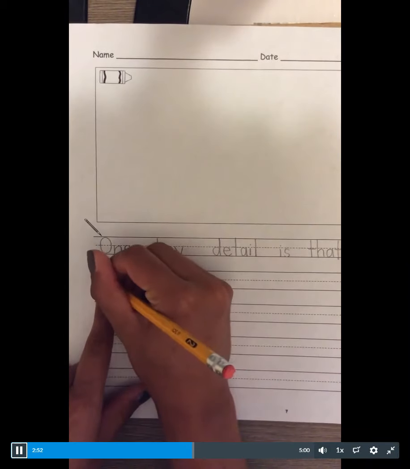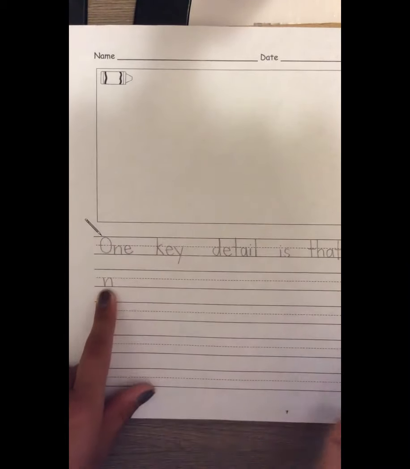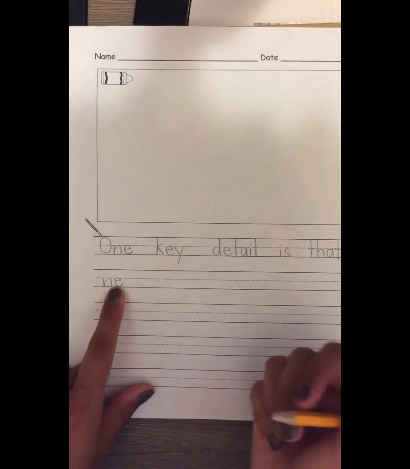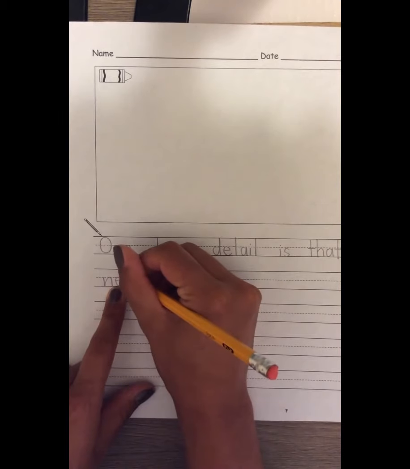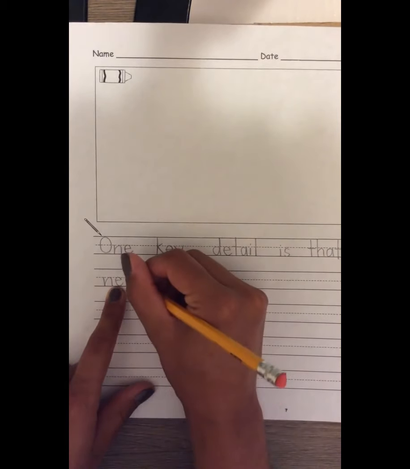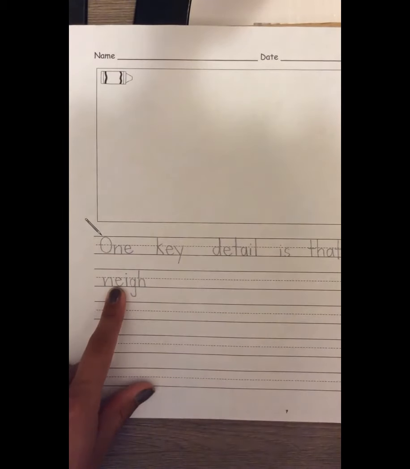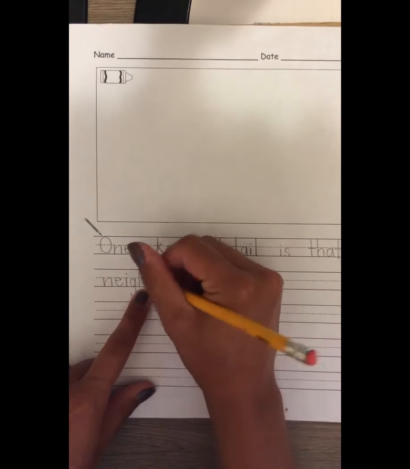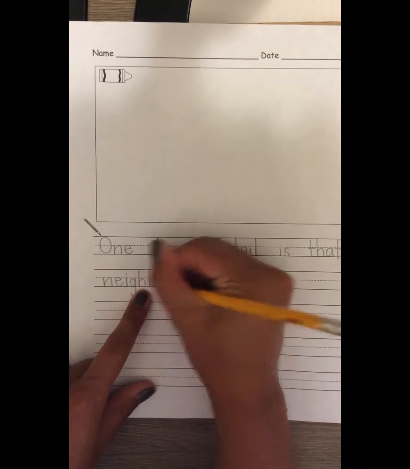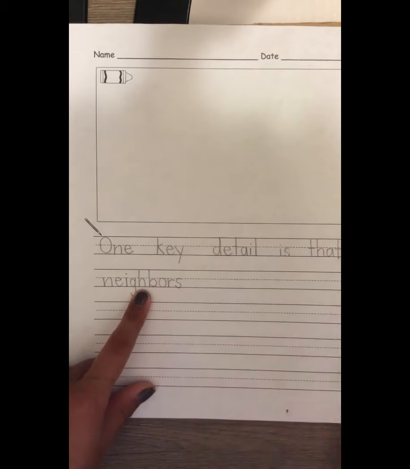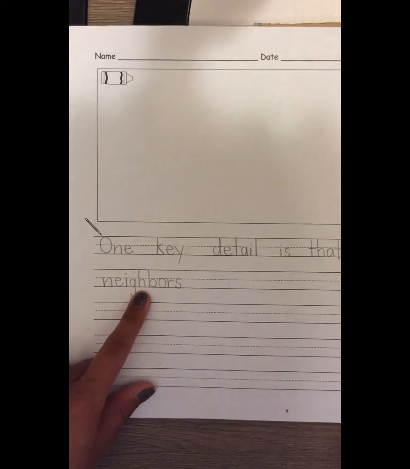It is neighbors. The A in this word is actually E-I-G-H. Neighbors. Go ahead and pause your video and catch up with me if you got a little behind on that one.